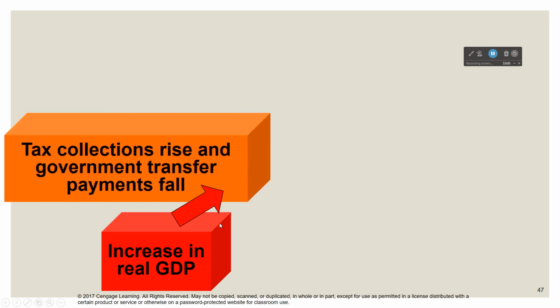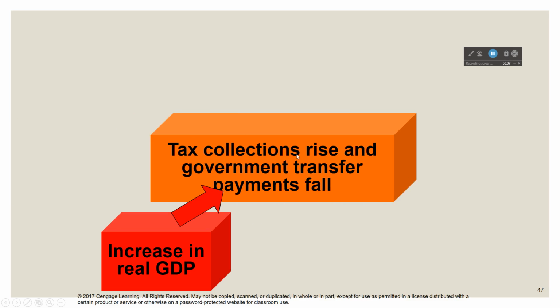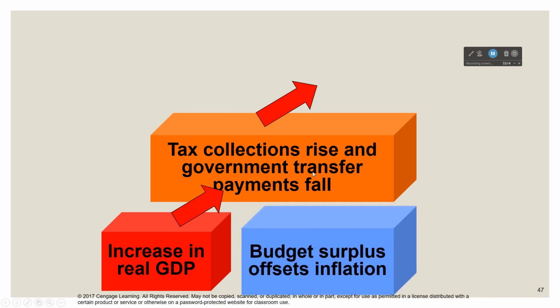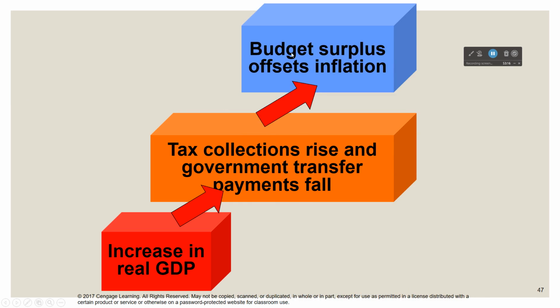Here you get an increase in real GDP, tax collections rise, and government transfer payments fall. That would tend to cause a budget surplus and offset inflation.